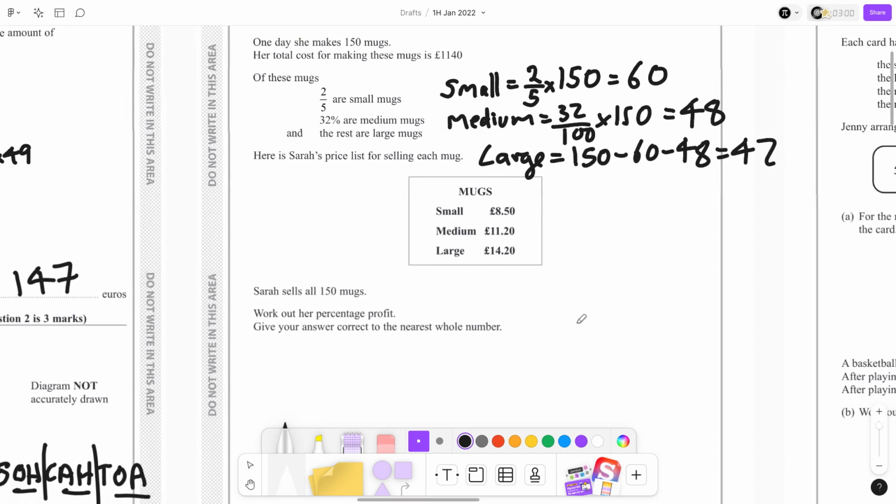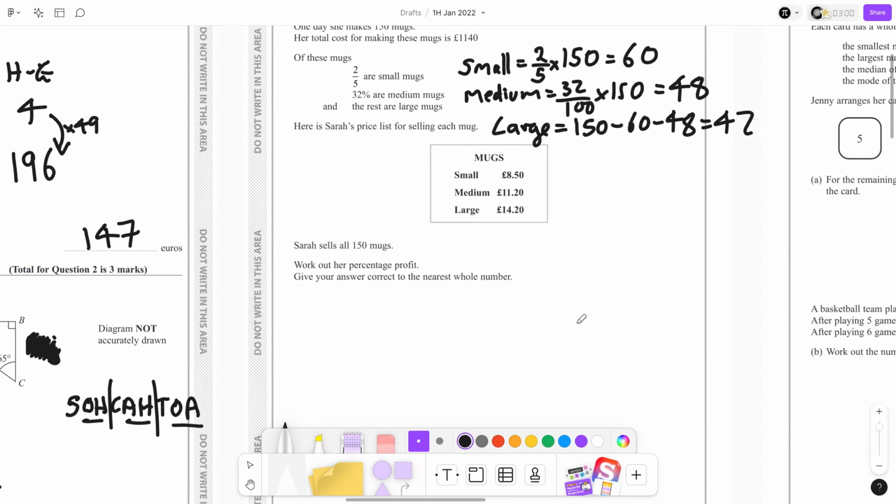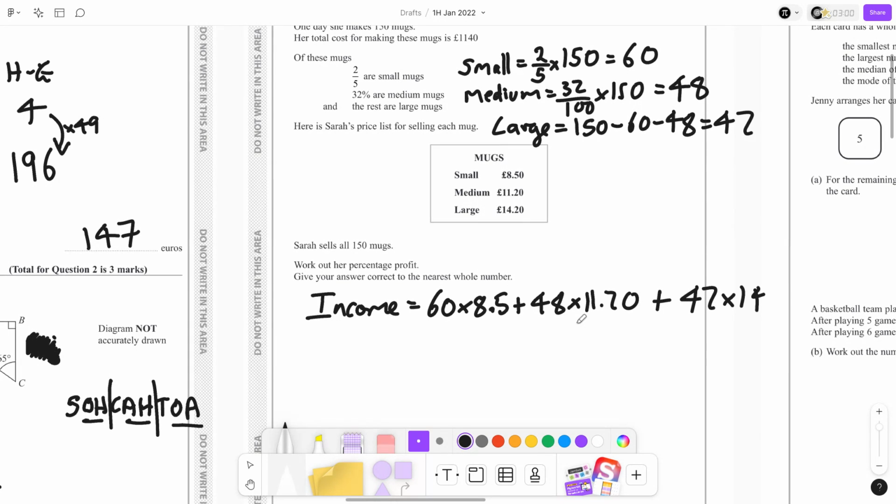So we then want what our income is going to be, what our sales are going to be, is 60 times £8.50 plus 48 times £11.20 plus 42 times £14.20.